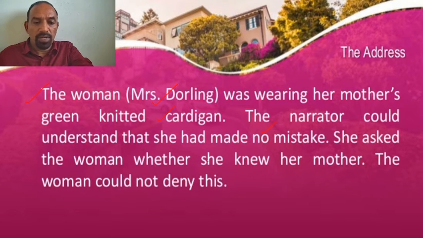She asked the woman whether she knew her mother. The woman could not deny this. When she recognized her mother's cardigan, she realized that the address was correct. She had made no mistake. So she reached the right place, and the woman also couldn't deny it.